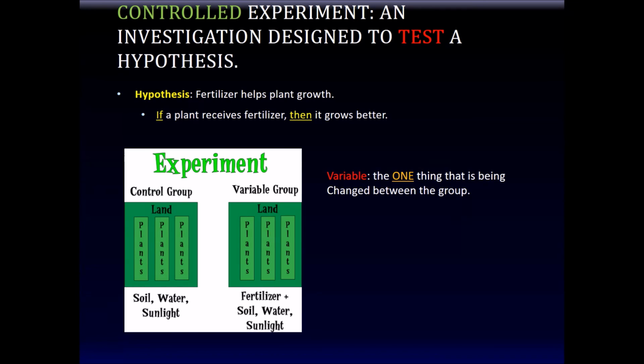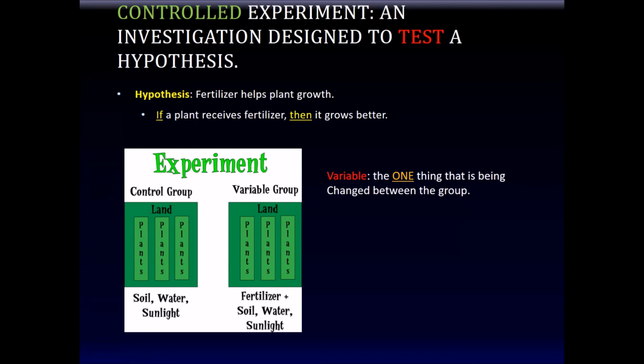To test this out, you do an experiment. The best experiment is controlled. In the best experiment, you have 2 groups. One is called the control group. The other one is the experimental group or the variable group.